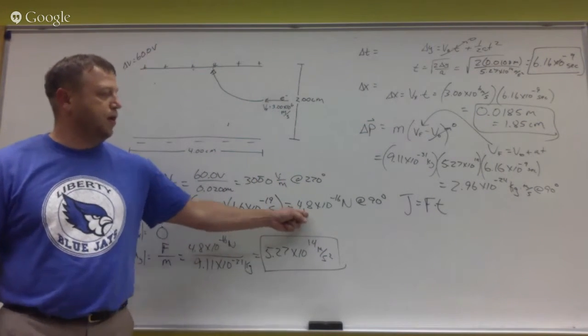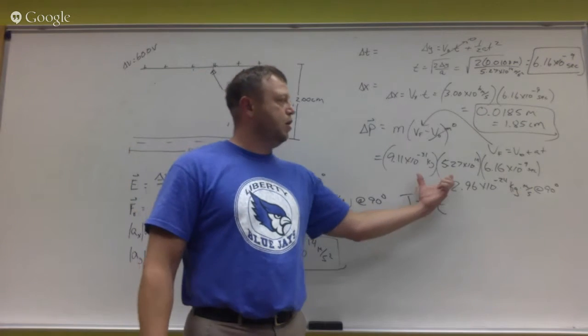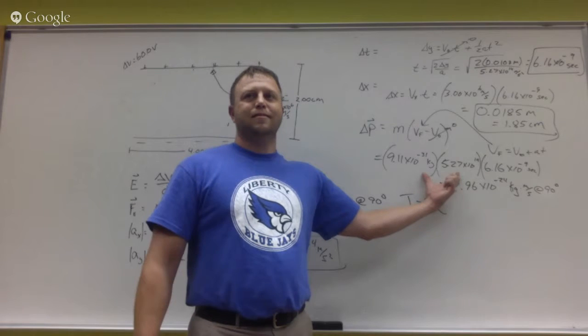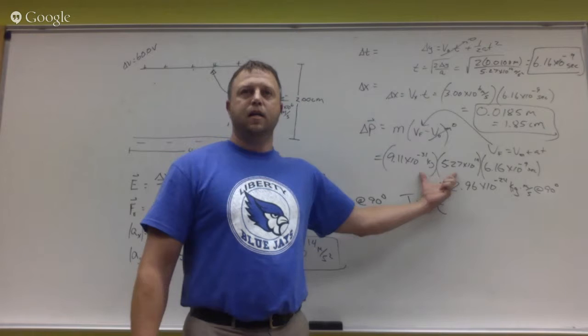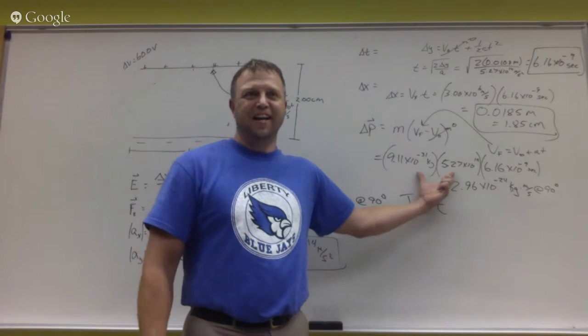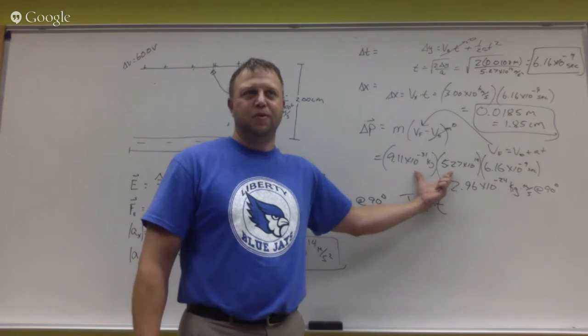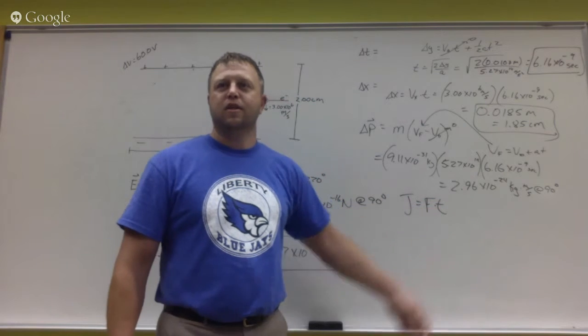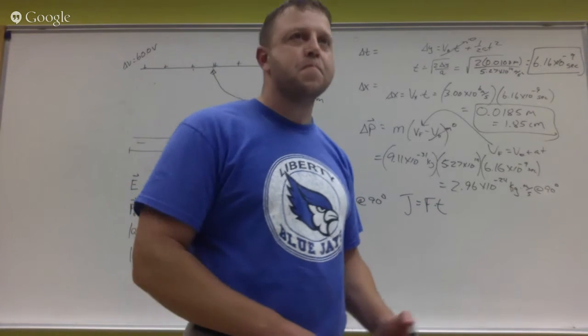All I have to do is take my 4.8 times 10 to the negative 16. Actually, yeah, times the time. But look at this. Right? This is A, isn't it? When I just subbed that in, I already did it. I just redid a calculation. I didn't even need to. So you can have a shortcut right there. All you need is force times time.